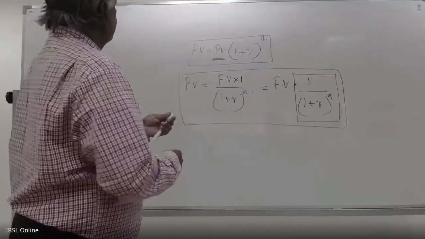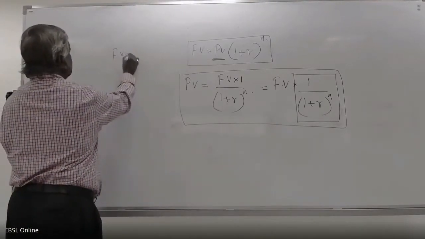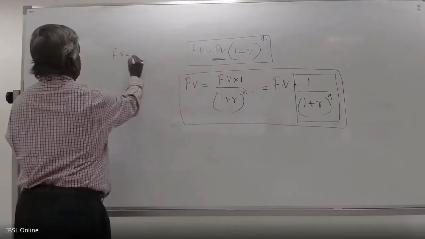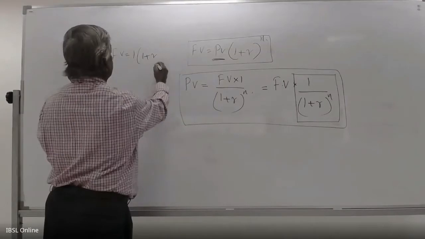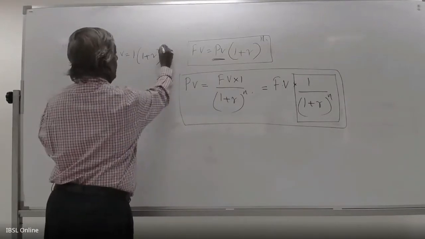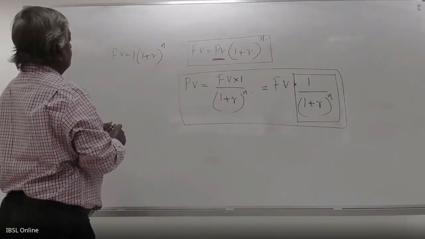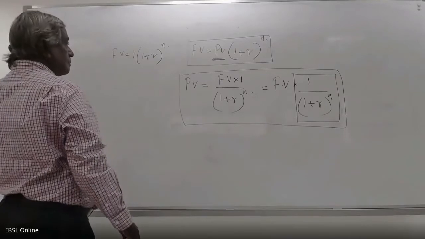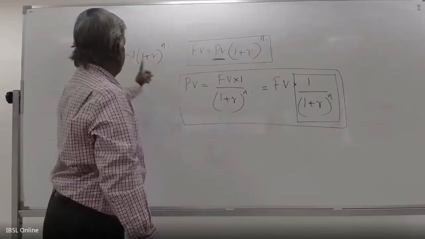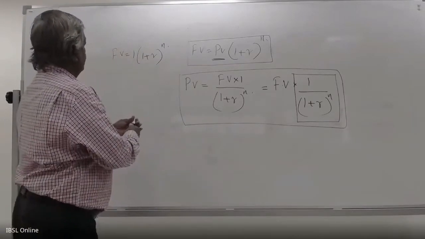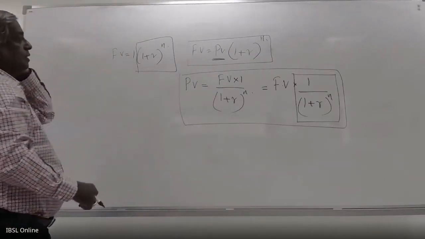Okay, I'm writing this here. FV is equal to PV, and if the PV is 1, into (1 plus r) to the power n. So what is this portion then, if the PV is 1?